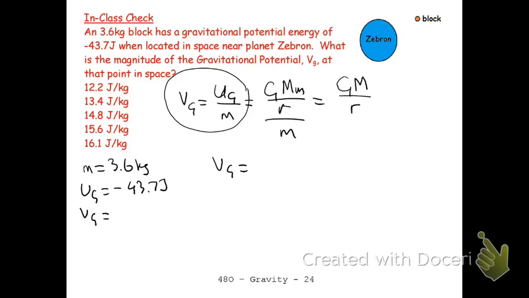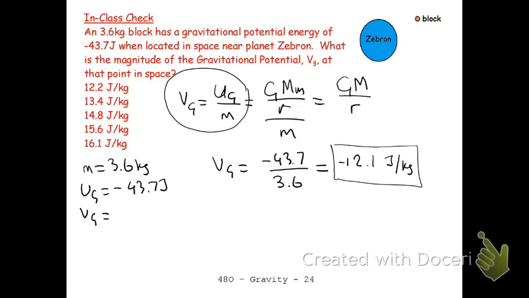So V_G is equal to minus 43.7 over 3.6, which equals 12.1 joules per kilogram. And as for the magnitude, the negative sign goes to a positive.